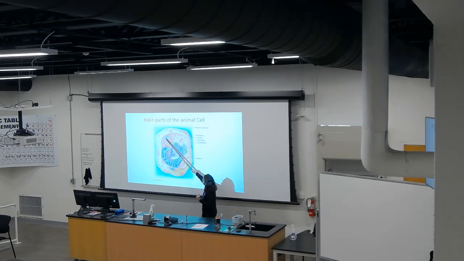And when the cell is about to divide, these two centrioles go into opposite ends of the cells to grab the duplicated DNA, the chromosomes, and then pull the chromosomes apart so each daughter cell will receive equal number of chromosomes.